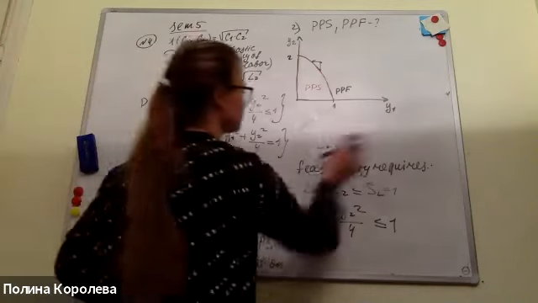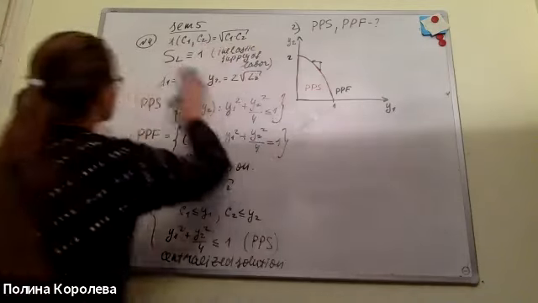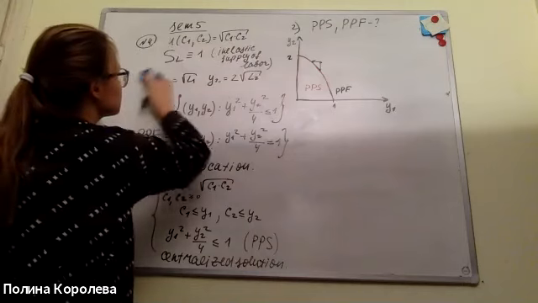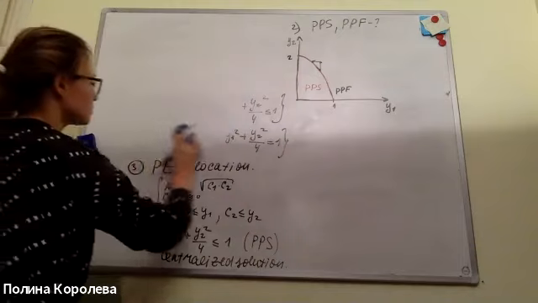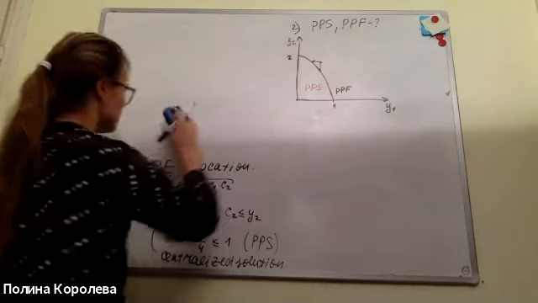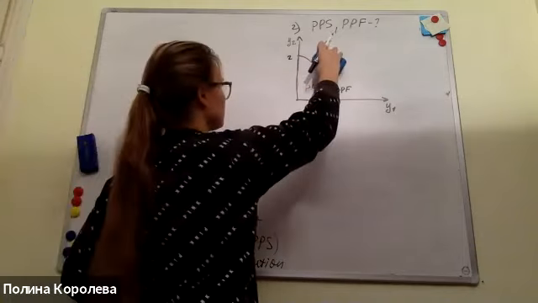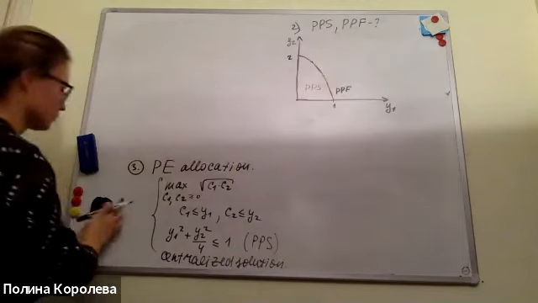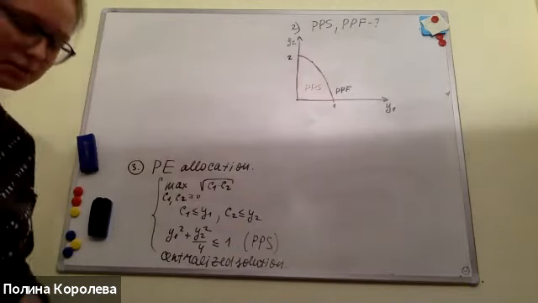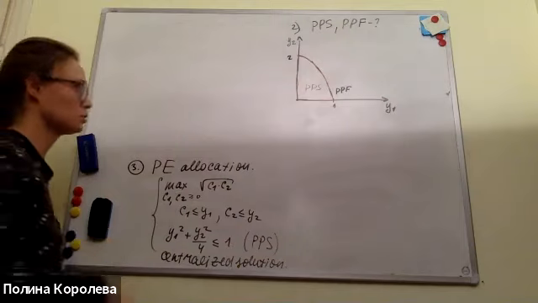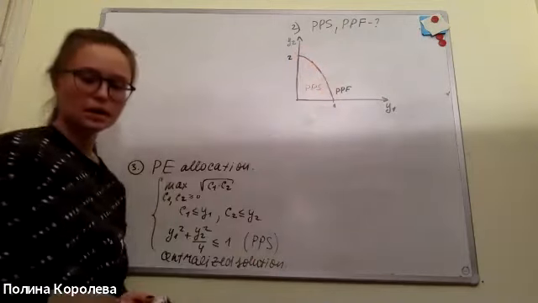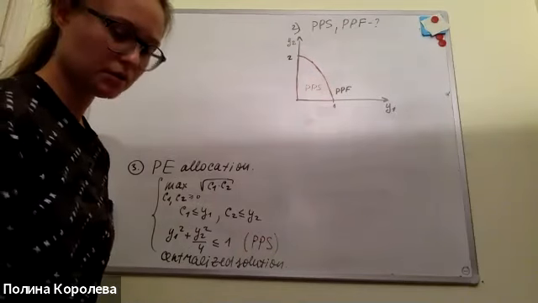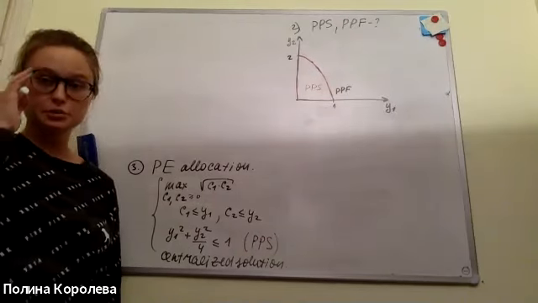Next. I think it is easy for you to see the solution on the graph. So we have the production possibility set, so we can consume no more than the production possibility frontier, and we have a utility function, so we will have indifference curves, yes?